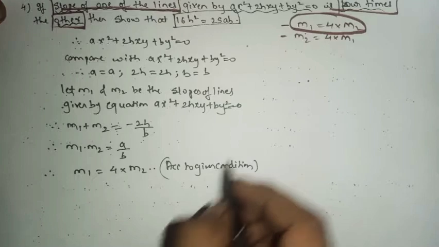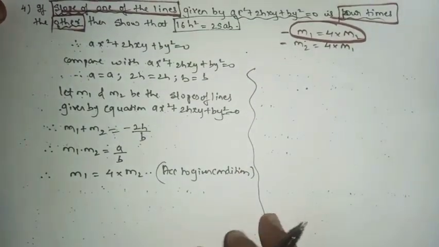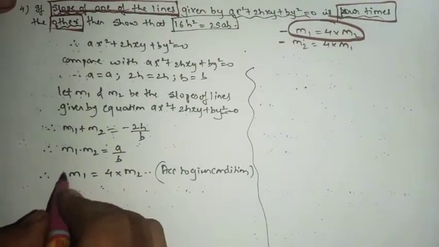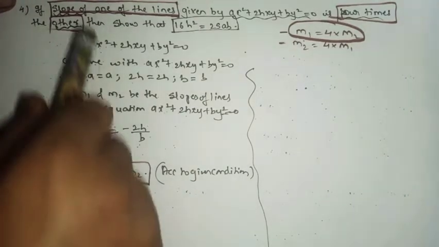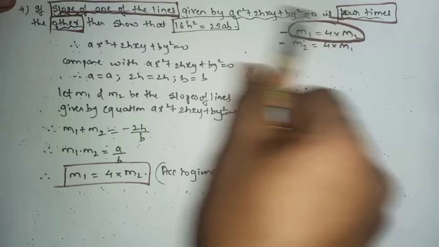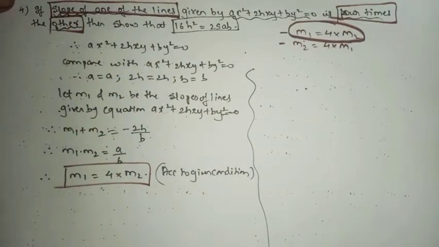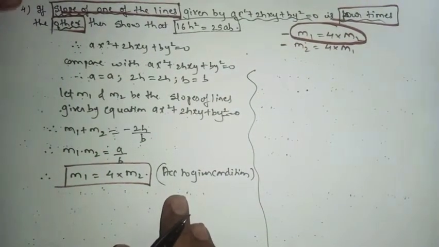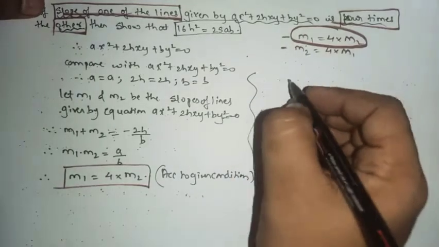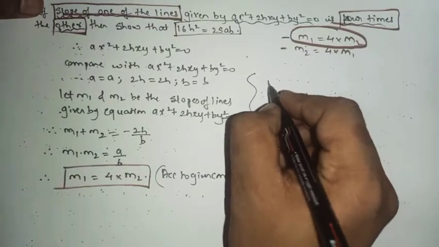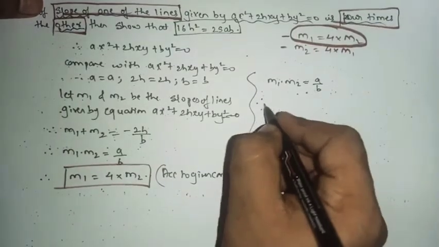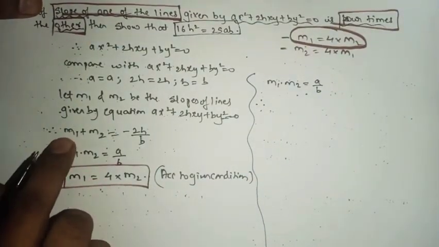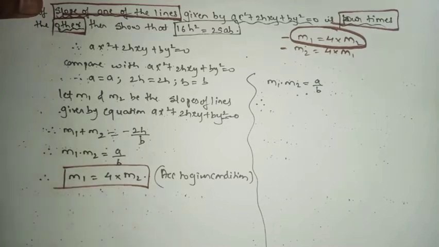So now listen here. We got the condition: the slope of one line is 4 times the other. After this, listen here, we have m1 into m2 equals a by b. Wherever you see m1 you will put 4 times m2.